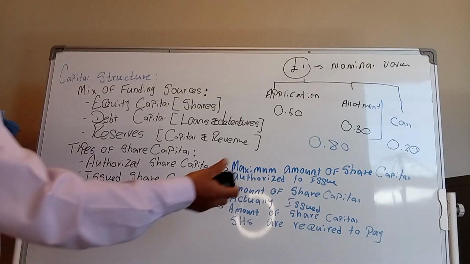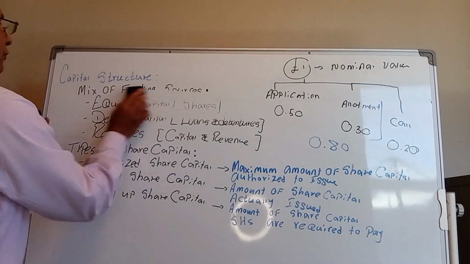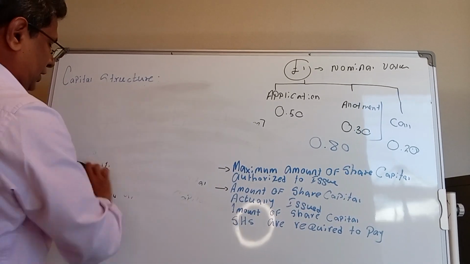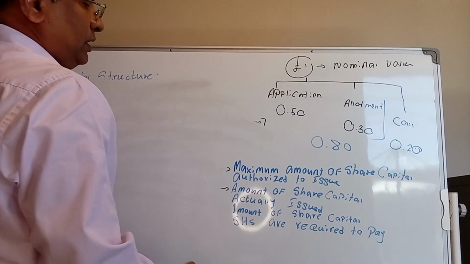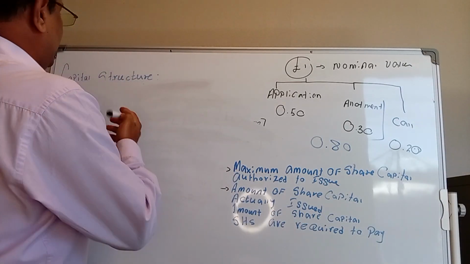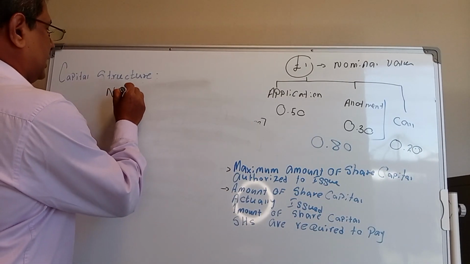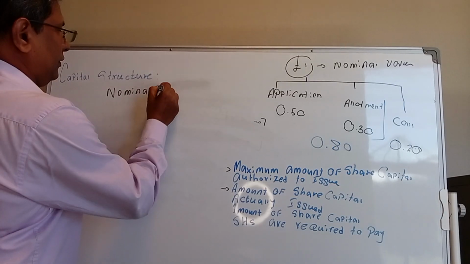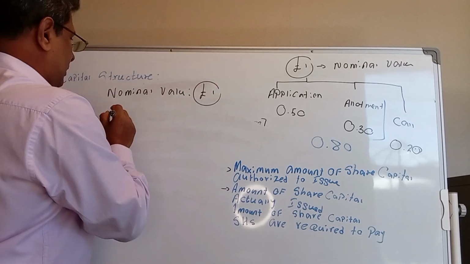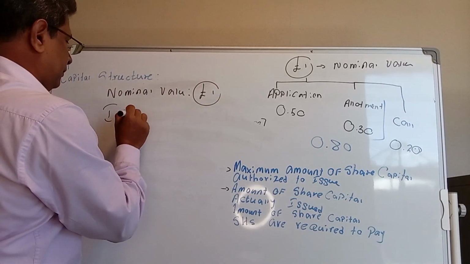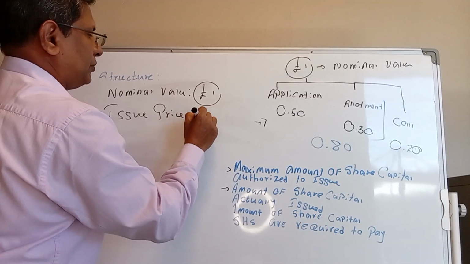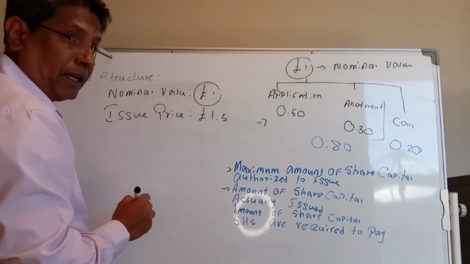Let's assume a situation where a company's nominal value of a share was £1, but the issue price was £1.50.